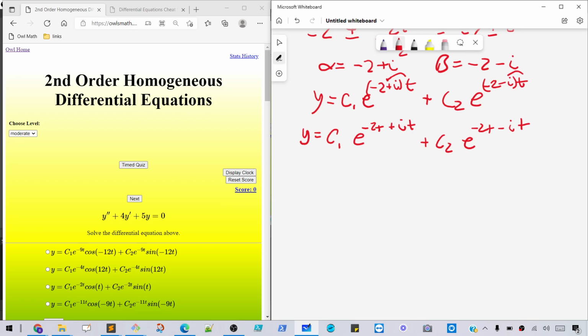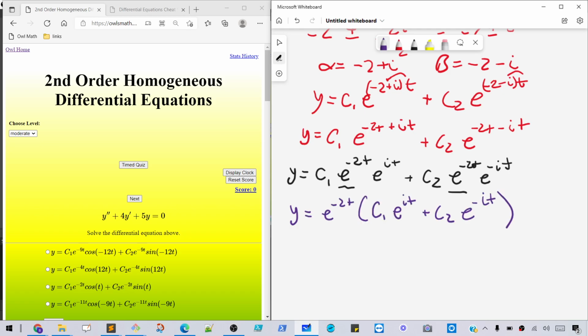And then just using exponent rules, the addition of the exponents is just multiplication. So we can write this again, and we can separate this out like this. And then we can see we have this term in common, so we can factor it out. So let's do this.